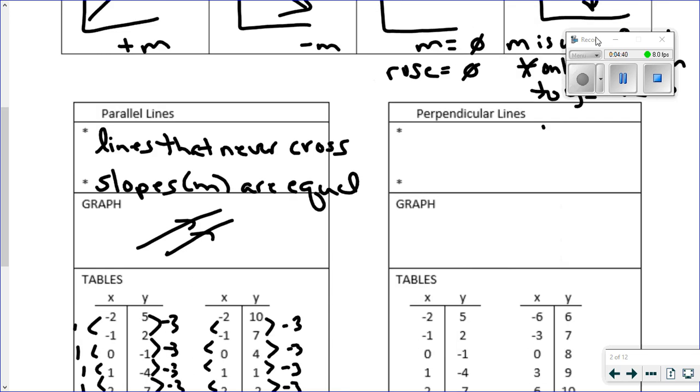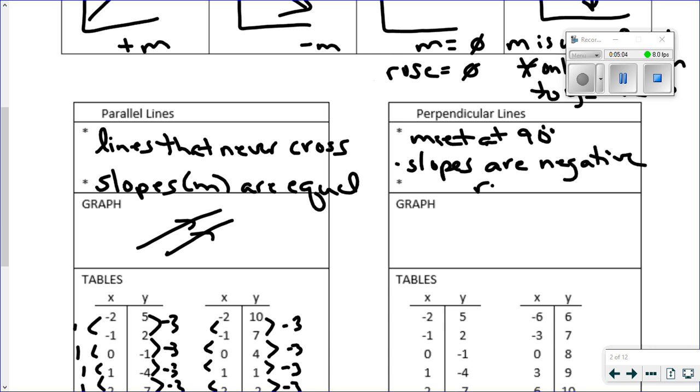Okay, perpendicular lines tend to be a little bit more difficult. In terms of human understanding, they meet at 90 degrees. But the hard part is negative reciprocals.